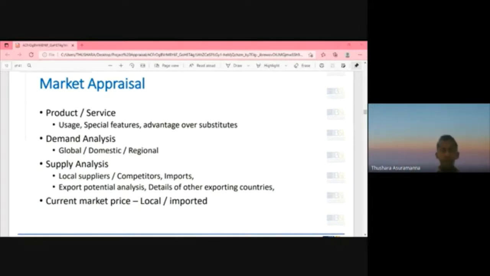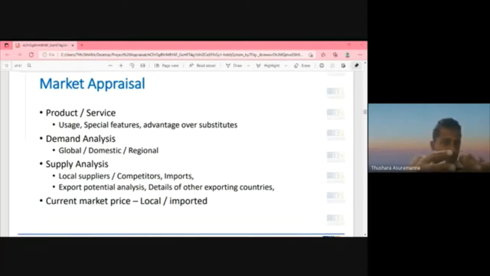If a sponsor wanted to start this project, possibly we might say the market viability is not so great. There's a high market risk because you are new, and before starting your project, it's a highly competitive market out there. If you don't have any alternative to manage that market competitiveness, obviously you would fail in the long run. That's what we try to get through this market appraisal.